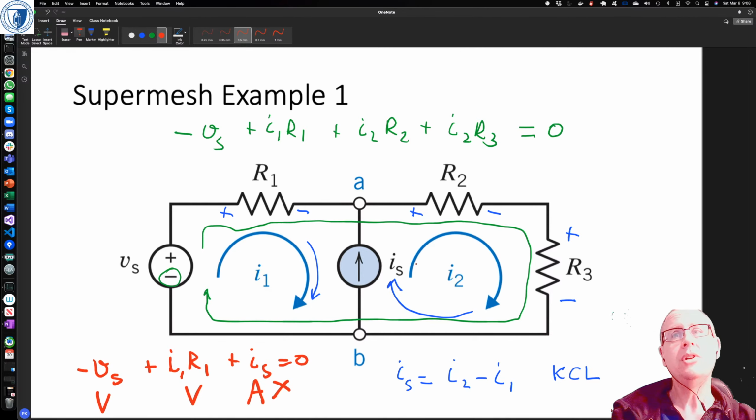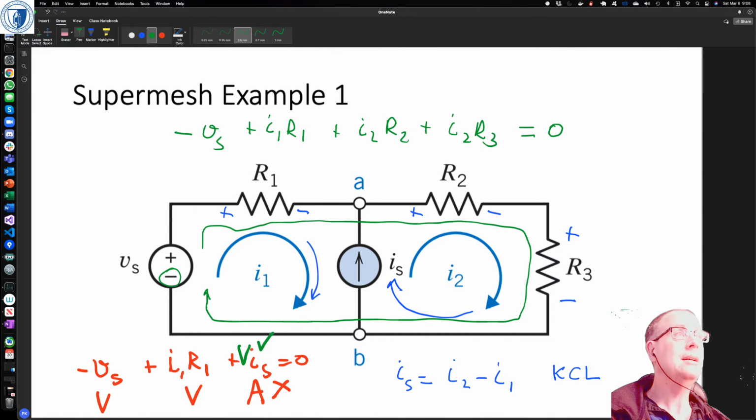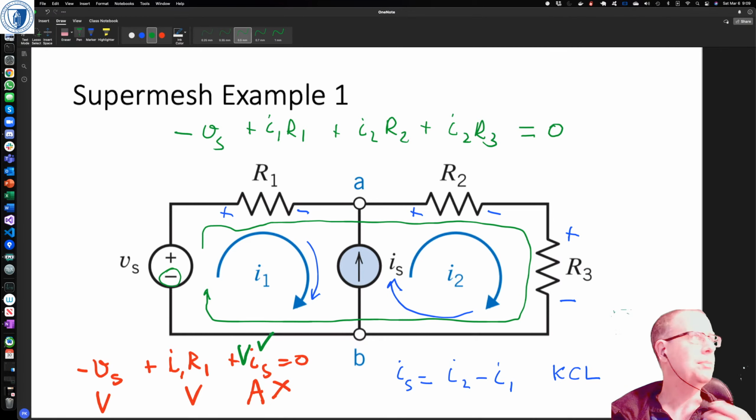You could write it out as VIS. Let me just change the color. Right? If you could figure out what VIS is, then that would be okay. The voltage drop across IS, that is perfectly okay.